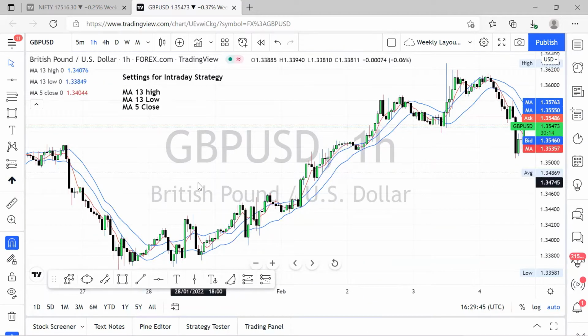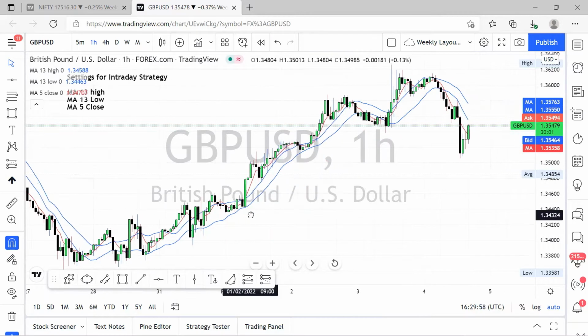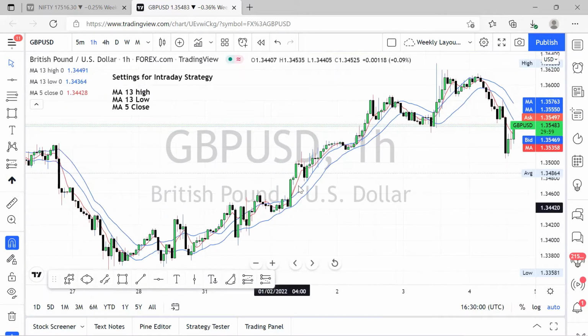Good. In this particular strategy, make sure the colors you use don't clash with your chart itself. Where you've got your candles green, make sure you don't have anything green or black, so it doesn't clash with that.